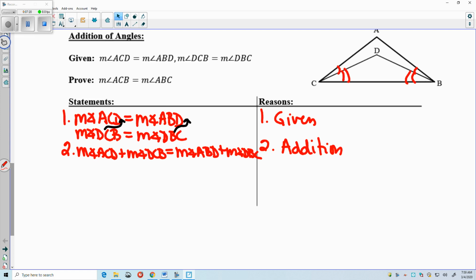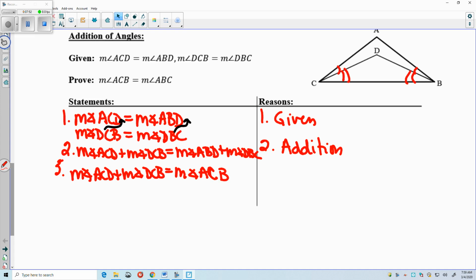And again, if I look at the picture, what that's basically saying is I'm taking these two smaller parts and I just added them. All right, I knew that they were here, I knew these two were here, that's why I'm adding those two together. Okay, so now I need to know maybe a little bit more about ACD and DCB. Okay, so angle ACD and angle DCB, well, that's equal to angle ACB if I put that all together.